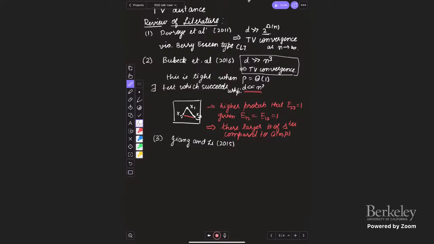So how do we prove this? We first note that RGG(n,d,p) can be obtained as a thresholding of a certain random matrix, that is the Wishart matrix. I've introduced a lot of notation here. Here W is a Wishart matrix of size n by n with d degrees of freedom.